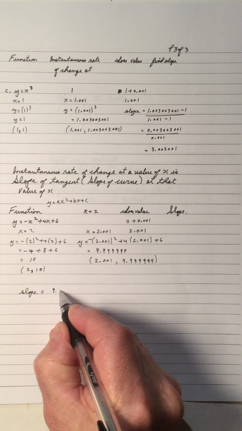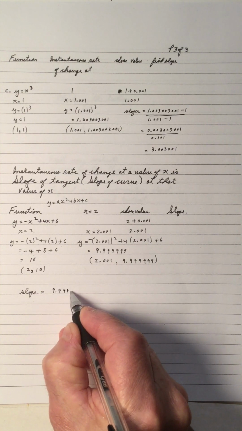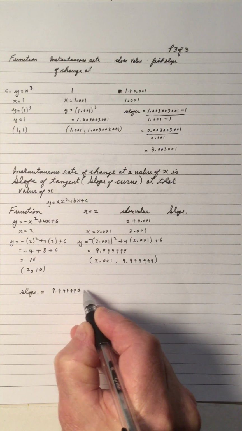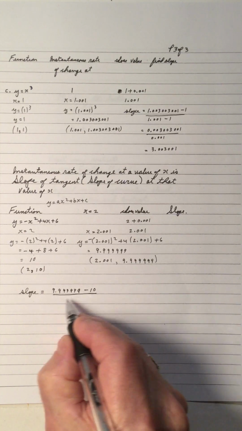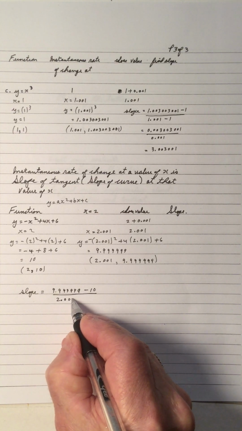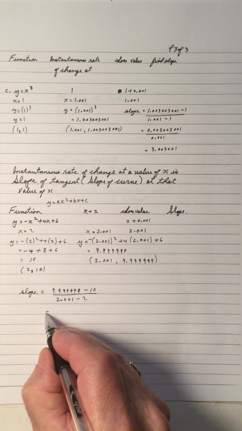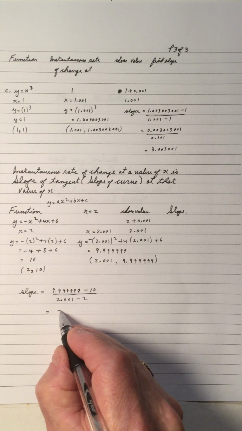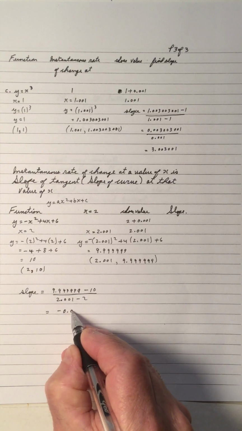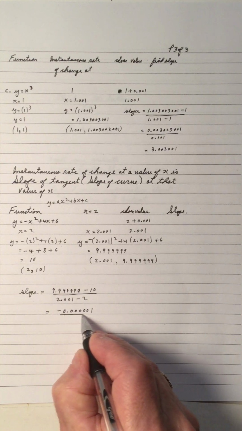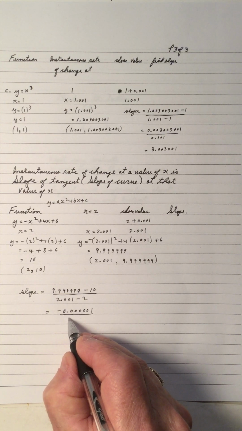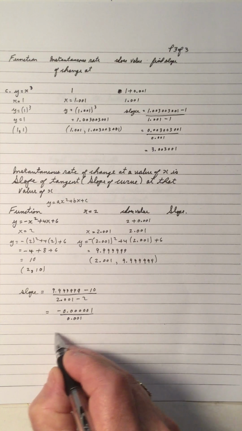So it's 9.999999 minus 10, over 2.001 minus 2. That gives us a negative 0.000001 over 0.001.